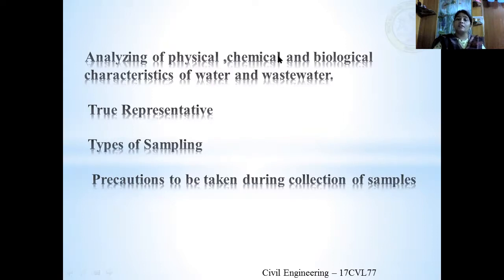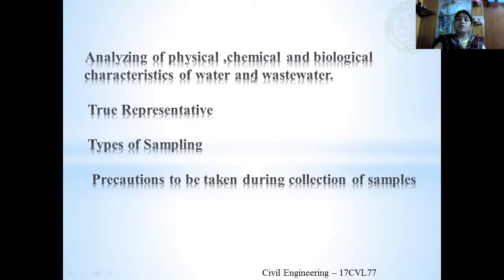If it is very hard, if it has high chloride content, high fluoride content, what do I do? How do I treat? If it is very hard, what is the softening process I need to carry out? In this way, all the testing processes and treatment processes will be decided by the results which we obtain in the laboratory.